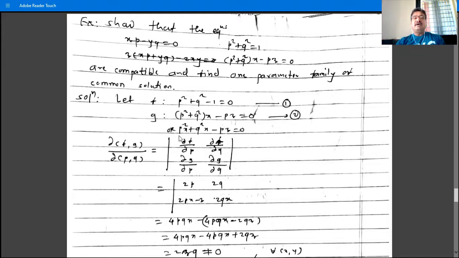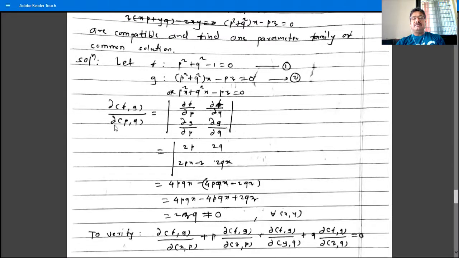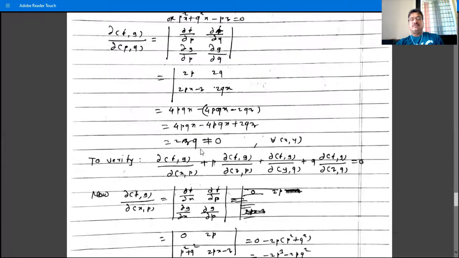Now we know that when the equations are compatible, the Jacobian ∂(f,g)/∂(p,q) is not equal to 0, and the expression ∂(f,g)/∂(x,p) + p ∂(f,g)/∂(z,p) + ∂(f,g)/∂(y,q) + q ∂(f,g)/∂(z,q) is equal to 0.